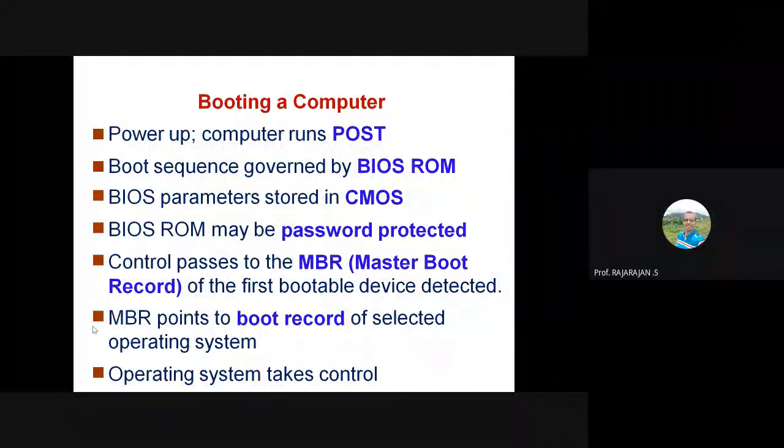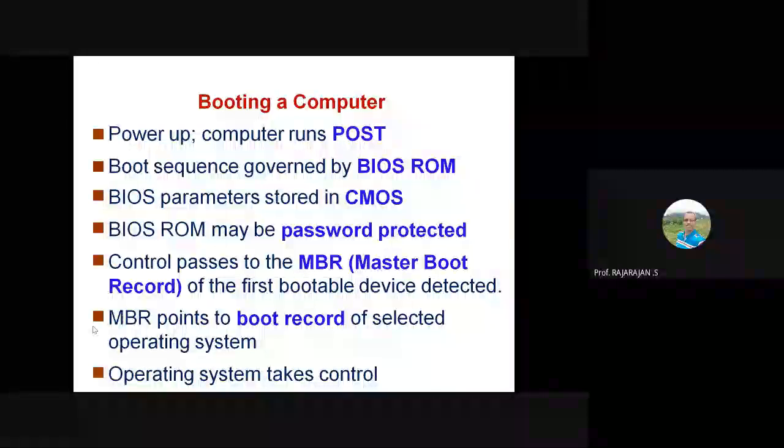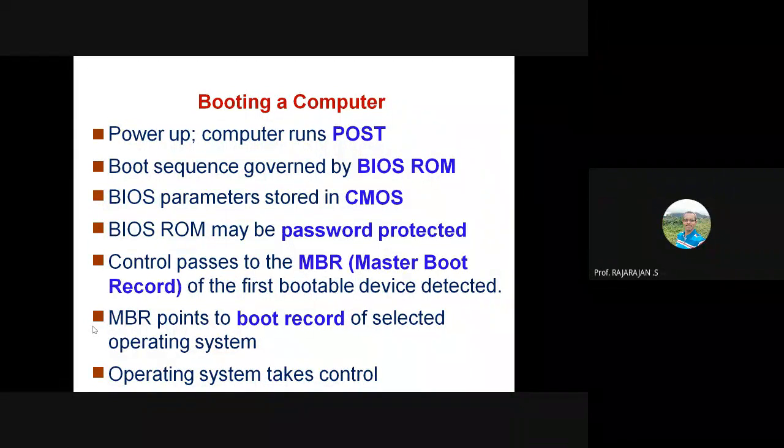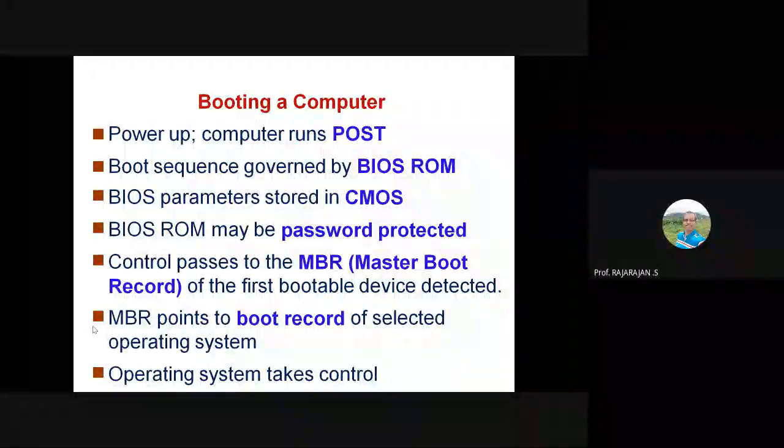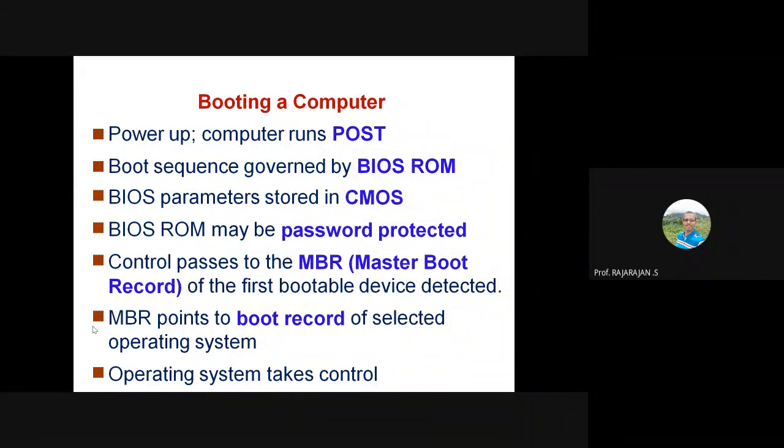And then the BIOS makes a call to the MBR, master boot record. The master boot record is the one that is capable of loading the OS. So MBR points to the boot record of the selected operating system. The booting hardware may be either hard disk, or it may be CD drive, or it may be some USB drive.